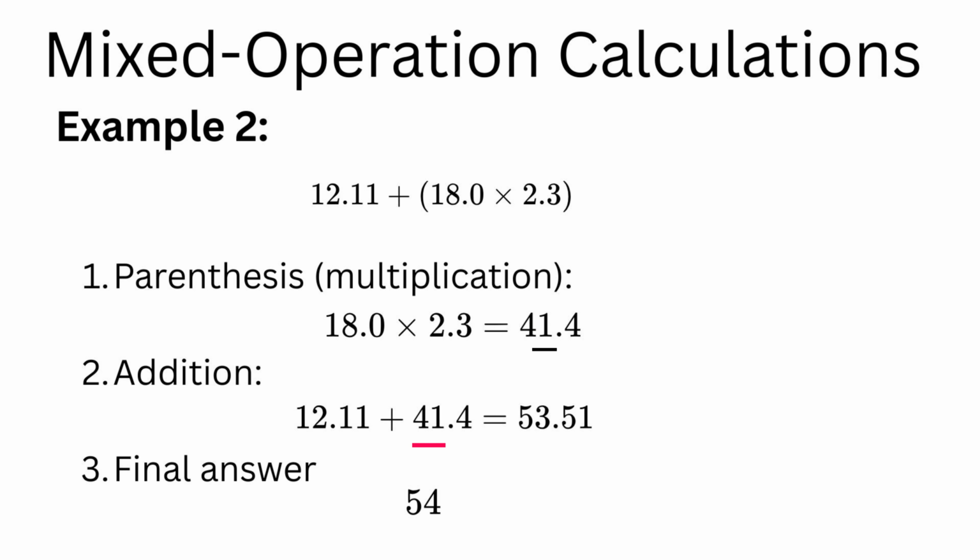Remember that? So 41 doesn't have any decimal place. So your final answer cannot have any decimal place either. So you are allowed to keep up to 53, and then you have to look at the digit right to 3. And in this case, the digit is 5, so you have to round up. So your final answer is going to be 54.